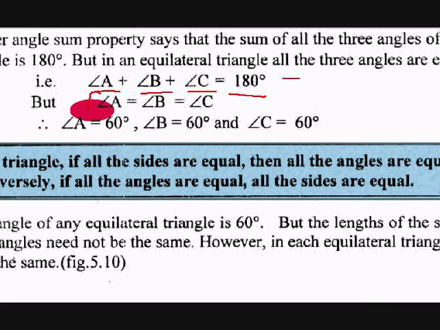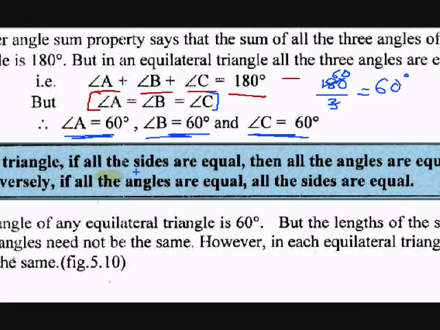Since in an equilateral triangle all these three angles are equal, we divide 180 equally among three, right? Then we get 60 degrees, right? Three sixes are eighteen. So angle A is 60, angle B is 60, and angle C is 60. That is what is mentioned here.